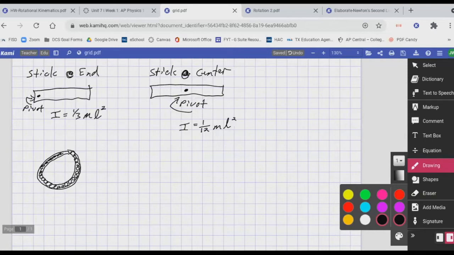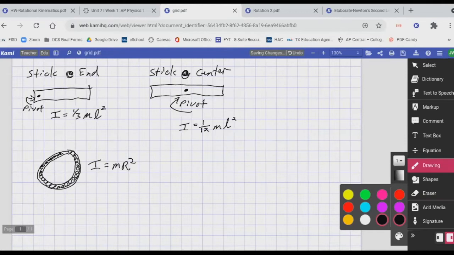Everything is on the far outside. So in this case, the mass is getting as far away as possible, so it's increasing the rotational inertia by the mass's distribution. Here will be a favorite because I equals mr squared. Simple. It's just simply I equals mr squared for a ring.